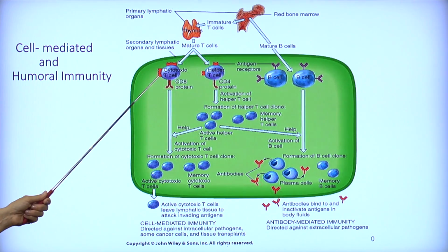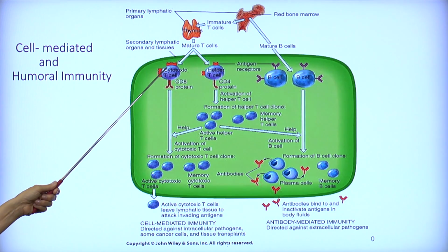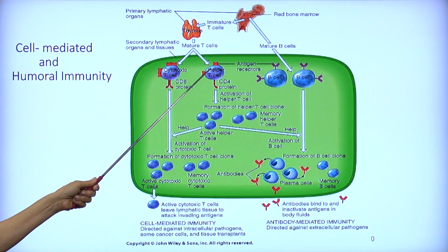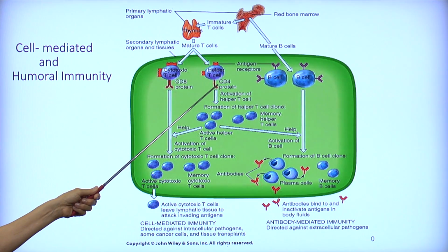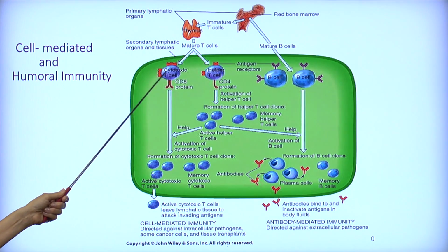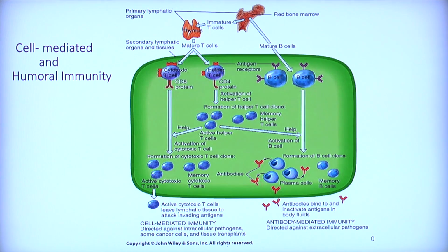Something else, when we look at the different T cells, each cell has a certain protein on its surface. The cytotoxic T has a protein called the CD8. The helper has a different protein called the CD4. We will look at these and see that they identify the cell, but they also have a function to do.